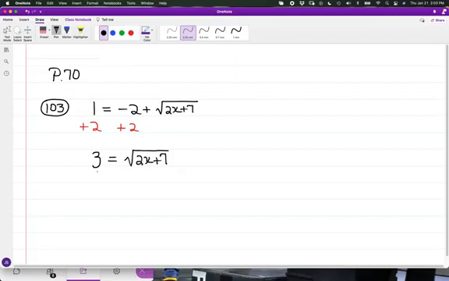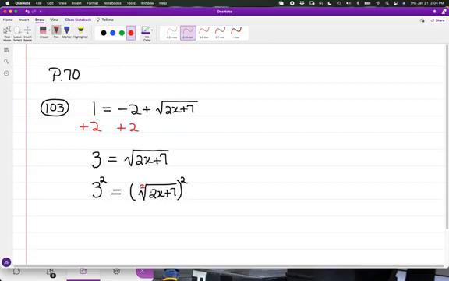So we can proceed. For the square root of 2x plus 7, I can undo the radical upon squaring both sides. So we have 3 squared is equal to the square root of 2x plus 7 squared.